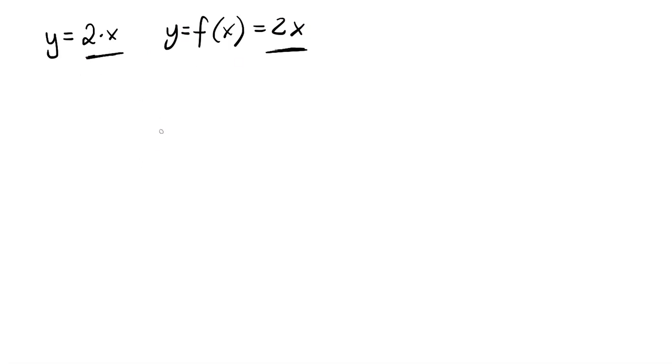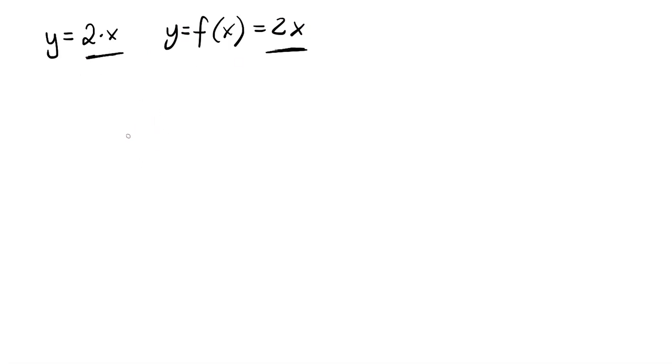It's not necessary to describe a function with a formula like we have done. For example, this function, or we could write, of course, as f of x equals 2x. But it's not necessary to give the function in terms of a formula.